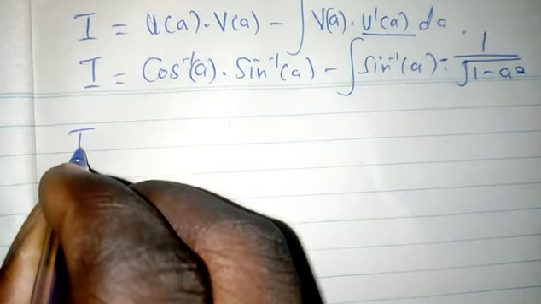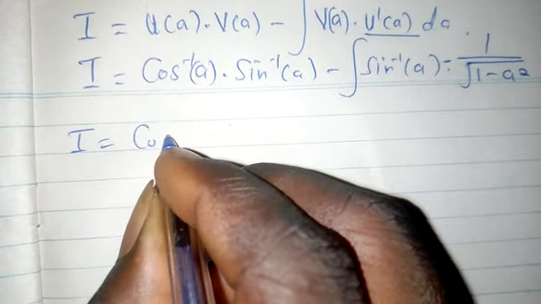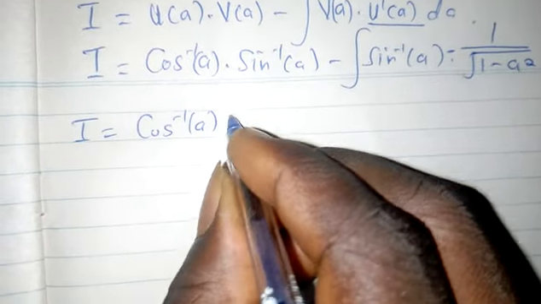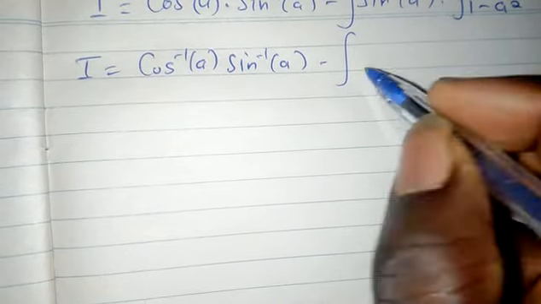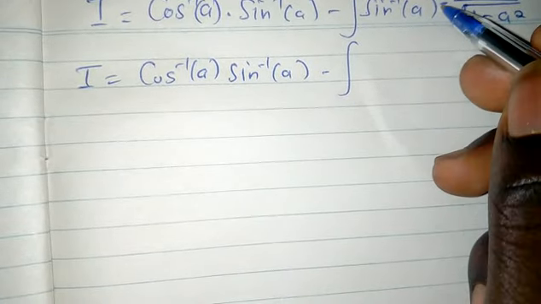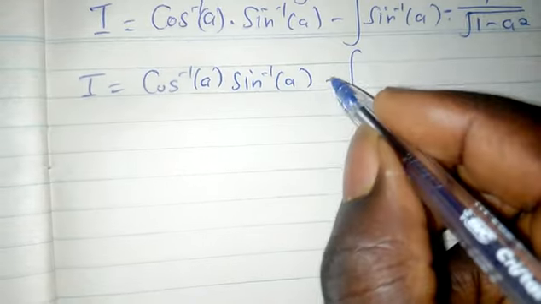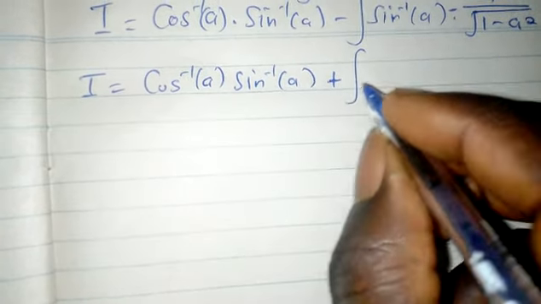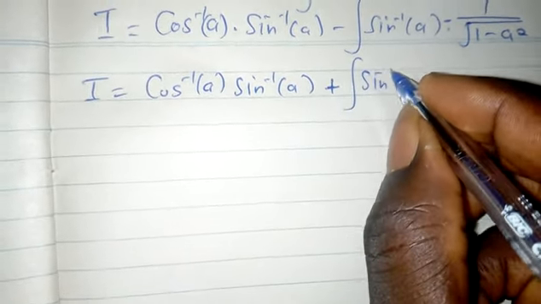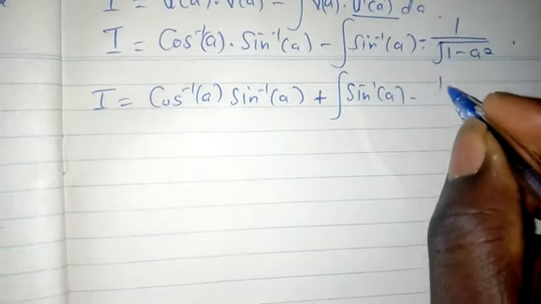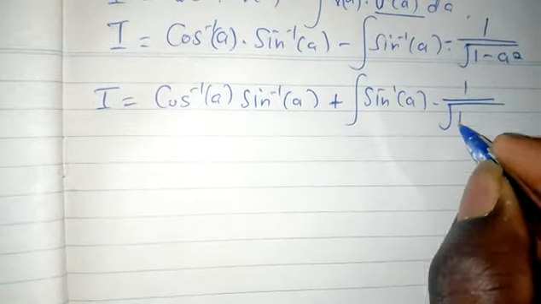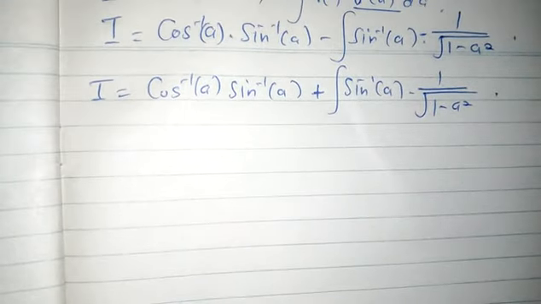So my I is now going to be equal to cos inverse of a sine inverse of a minus the integral of, so I can bring my negative out and now it becomes plus my sine inverse of a dot 1 over root of 1 minus a squared dA.